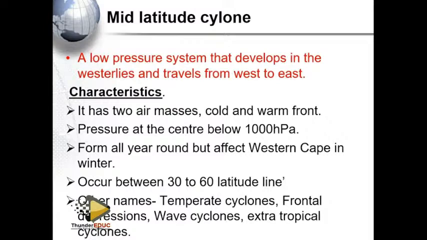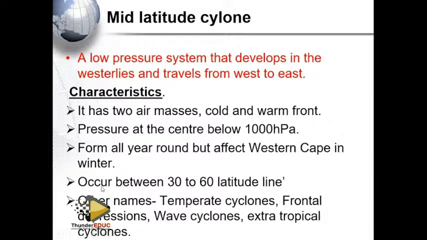If it is winter in the southern hemisphere, the system moves close to South Africa. But if it is summer in the southern hemisphere, the system is forced to move further away from South Africa. That's why we say it forms throughout the year, but it only affects South Africa during winter.